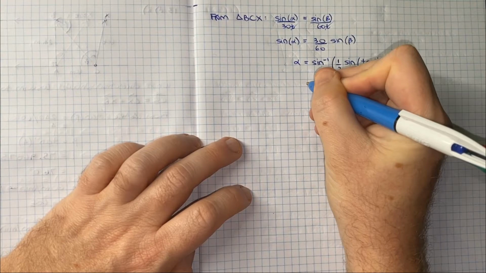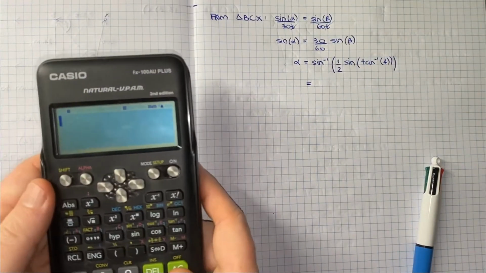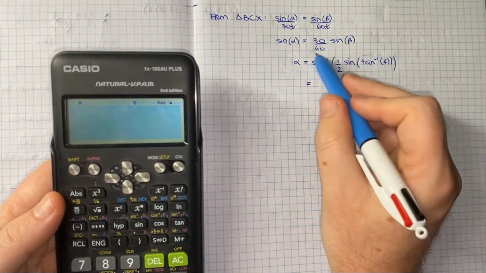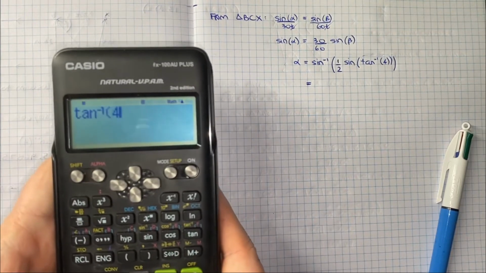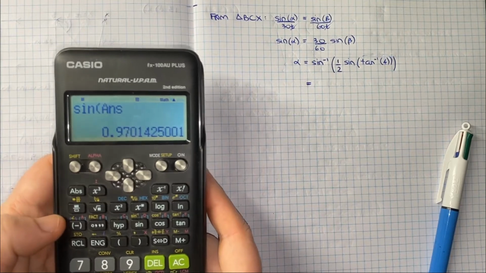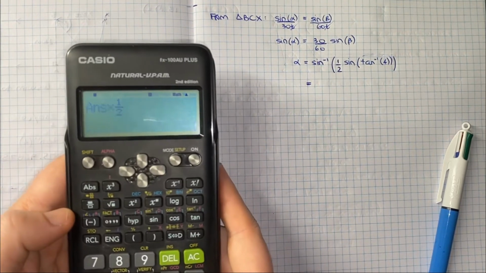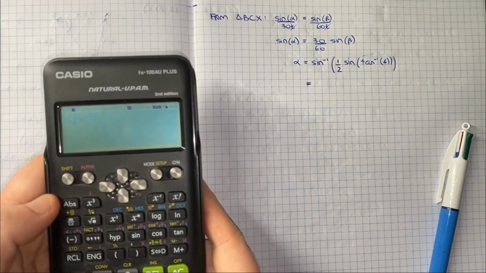So that would mean alpha, if we want to plug this into our calculator, maybe I'll work from the inside out. That's probably the easiest way. So we'll get our inverse tan of 4, and then we'll take the sine of that answer, and then we'll multiply that by a half, and then we'll take the inverse sine of that answer.